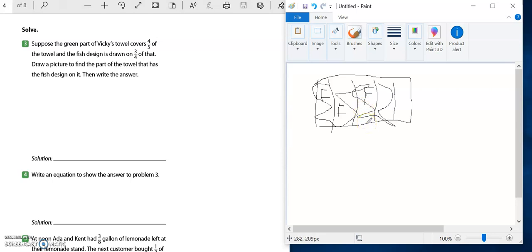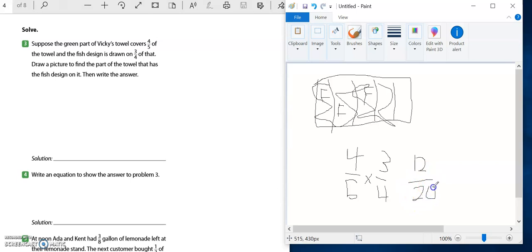And it says, then we're writing the answer. So let's see what our solution would be. If we were to multiply 4/5 times 3/4, our answer would be 4 times 3 would give us 12. 5 times 4 would give us 20.